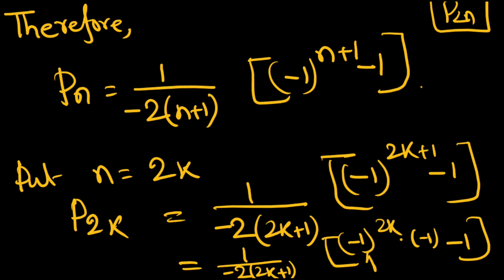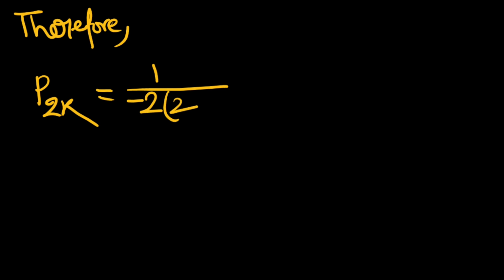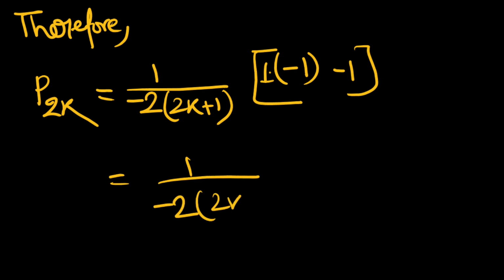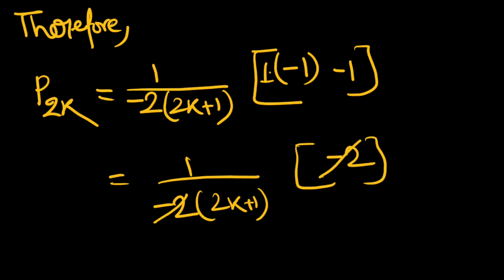This gives 1. Therefore P(2k) = 1 over (-2)(2k+1) times ((-1) - 1), that is minus 1 minus 1, that is minus 2. So this minus 2 and this minus 2 cancel.